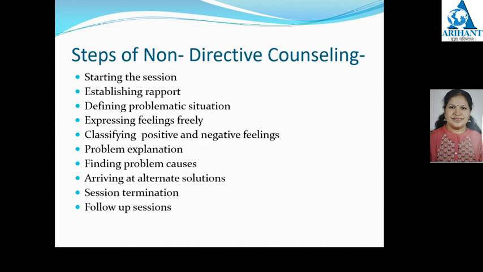They will find out what the causes of the problem are. Here the emotional aspect is focused. So there is full freedom to express his emotions to the counselor, and the counselor very patiently listens to all the feelings of the counselee.